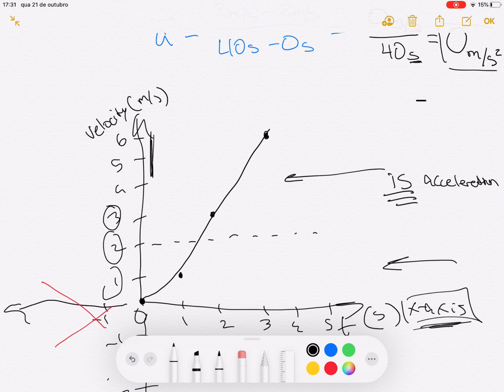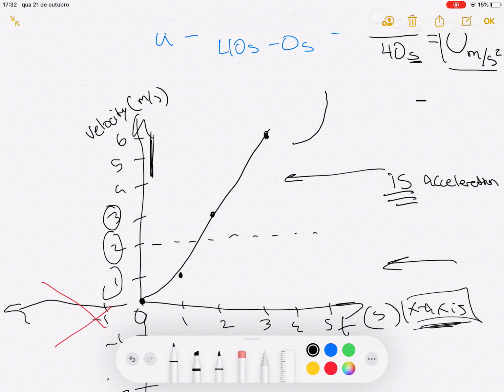Well, based on the fact that the line is curving and it's going upward and getting more vertical as the slope is getting closer to undefined, and so the slope is increasing a lot, we know that this graph demonstrates an object whose velocity is not only positive, but increasing.